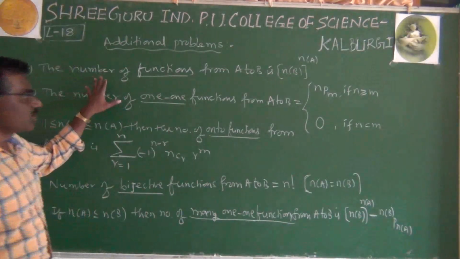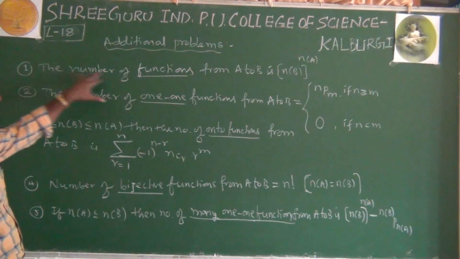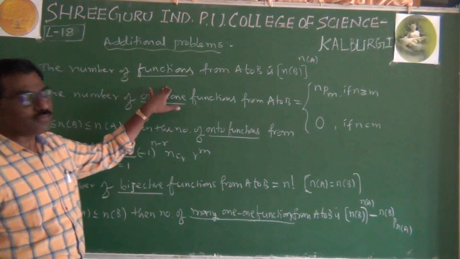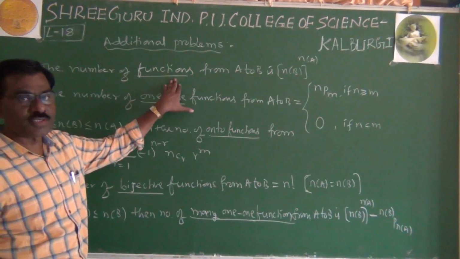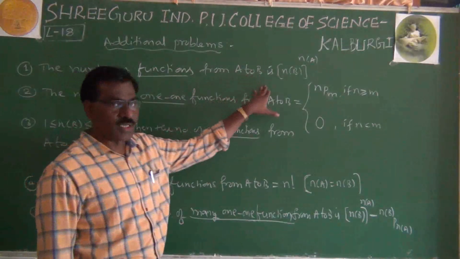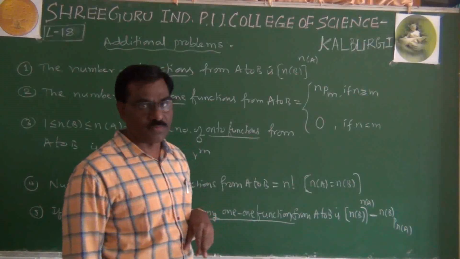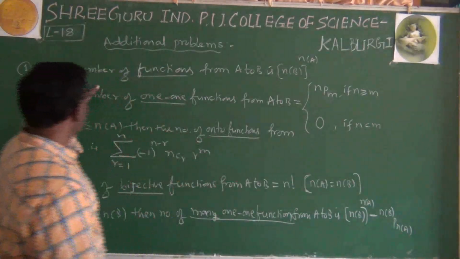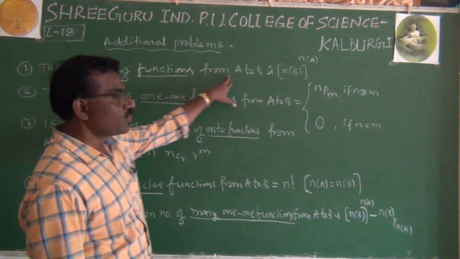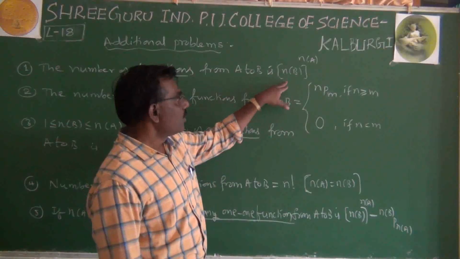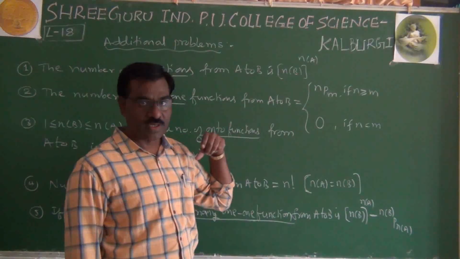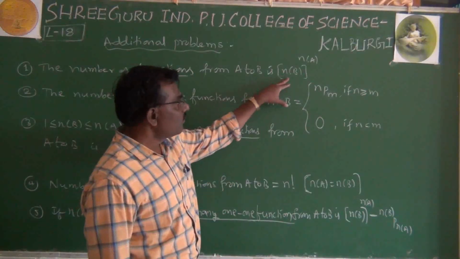Suppose, for example, the first point: the number of functions from A to B is n of B whole raised to n of A. What is n of A?